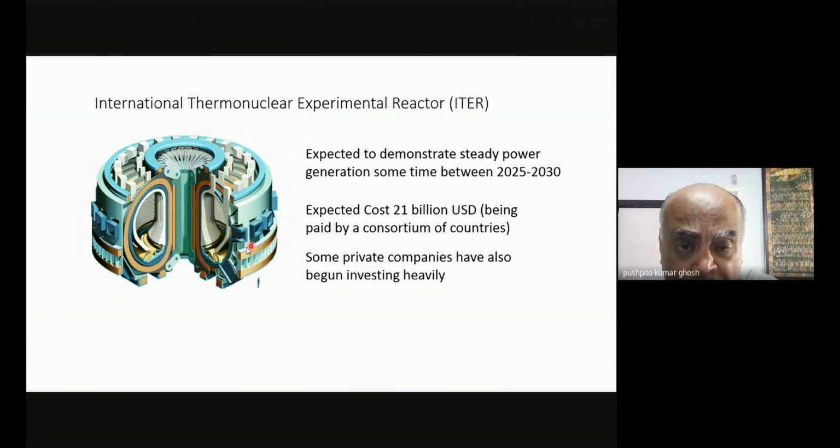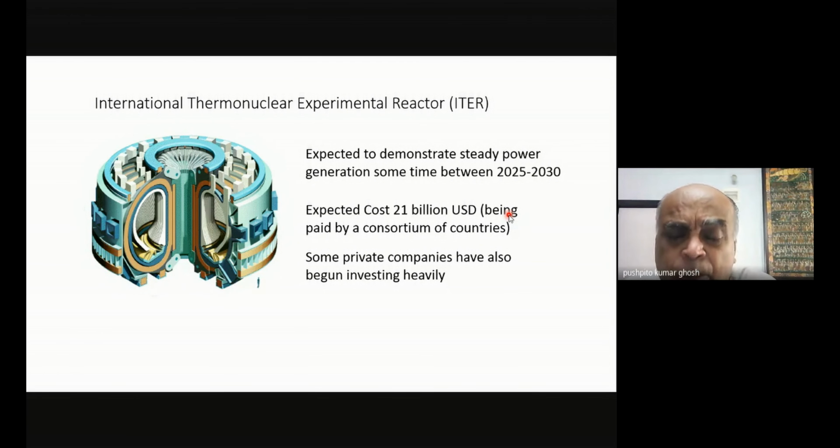There are consortiums, so India puts in some money, and some components of the plant are being manufactured in India. They're saying between 2025 and 2030, give it about 10 years, and look at the cost, $21 billion.